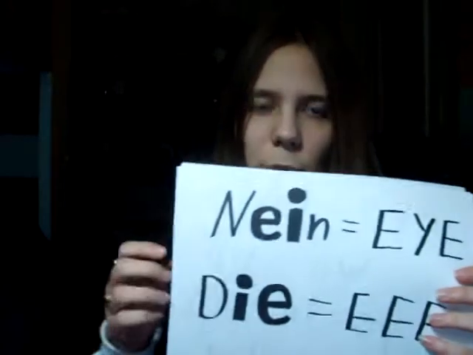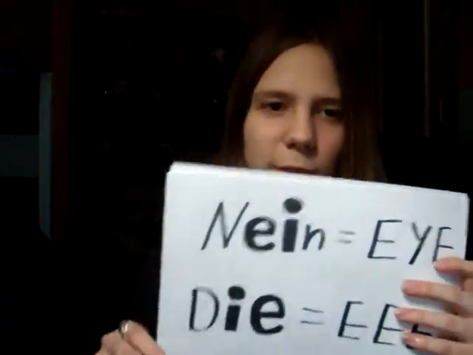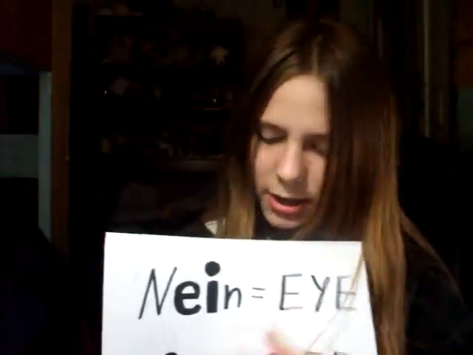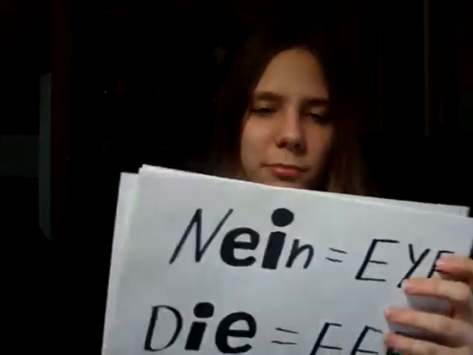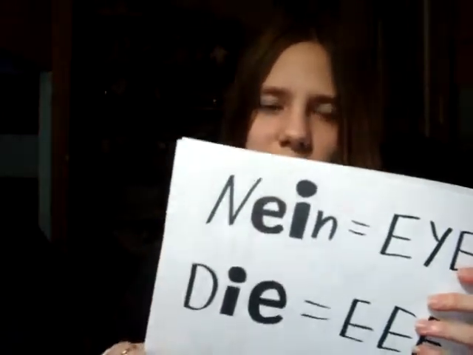Okay. Now, we get more into pronunciation with different letter order. I have two examples here of I and E next to each other. We have EI and IE. It does matter which order it is.